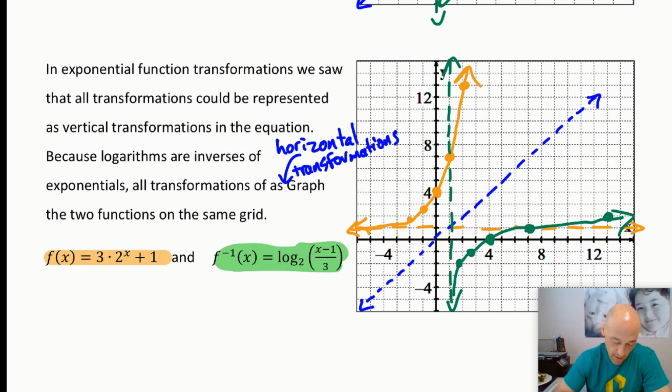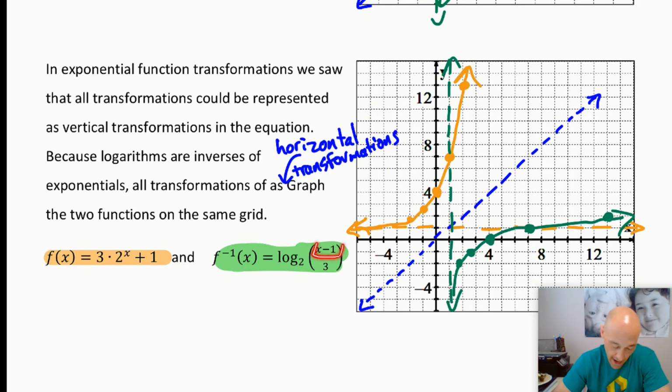So if you were given a logarithmic function and asked to graph it without using a calculator, I'm not going to ask you to do that. But notice that the base of the logarithm is the base of the exponential. Inside the argument of the logarithm, whatever you're doing, multiplying or dividing, you do the opposite of it outside of the exponential.